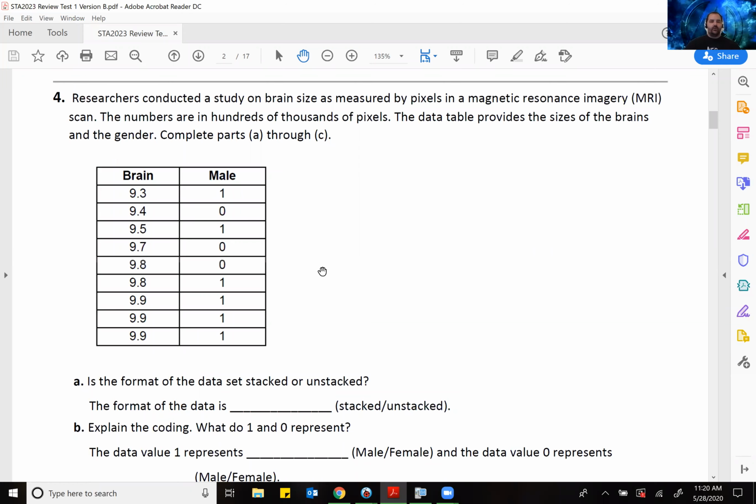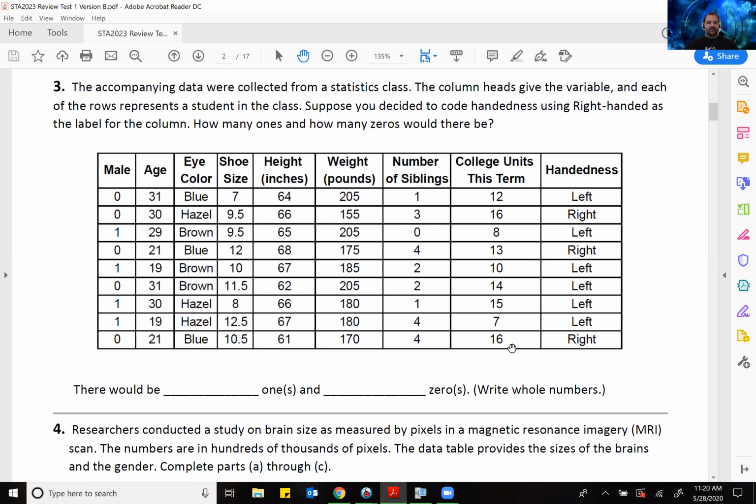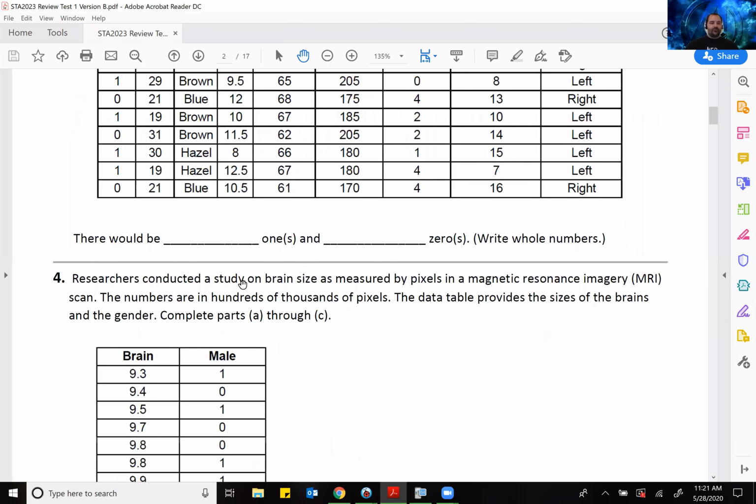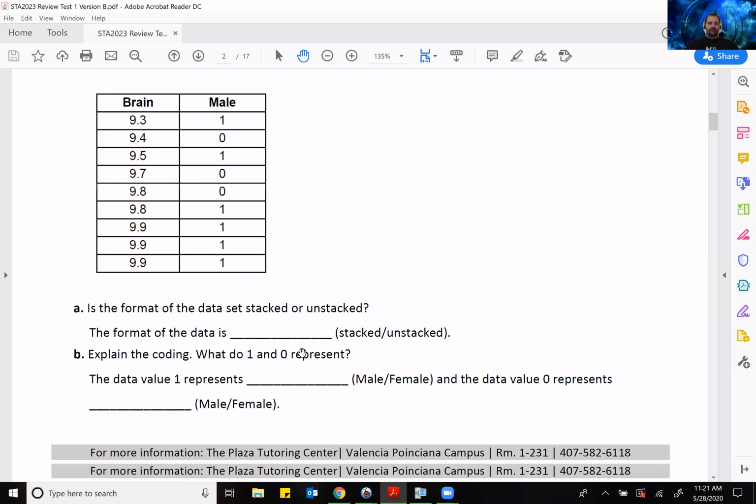Like up here, this is stacked data according to handedness. Because we have two different groups in here. We have right hands, we have left hands. That's stacked data, because there are two different groups represented. There are two different groups represented right here, males and females. So this is stacked data.